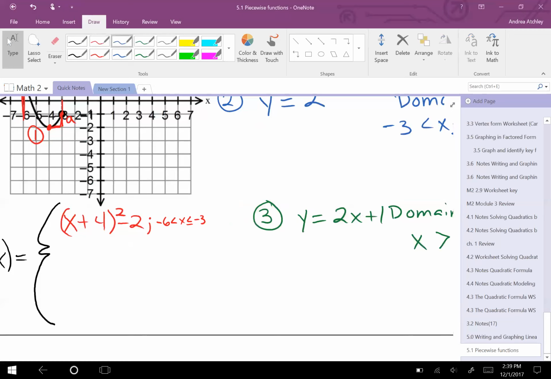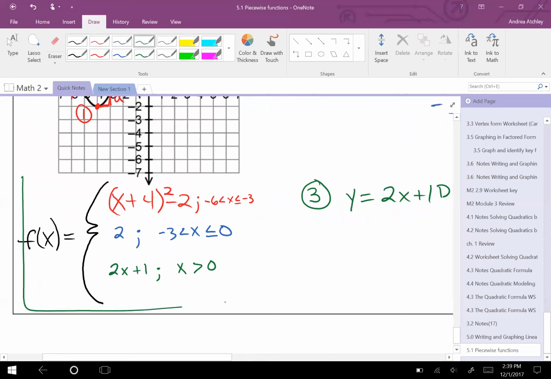Then I have my next one is just y is 2. So I just put the number 2 there. I put my semicolon, and then -3 is less than x is less than or equal to 0. And then my last equation is the y equals 2x plus 1, semicolon, x is greater than 0. And that is my wonderful piecewise function.